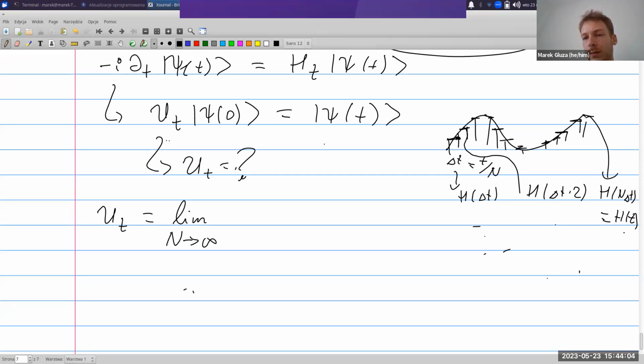And here I would have h of n times delta t, which is equal to h of t, right? Because delta t is just the total duration. I switched the notation here, so it should actually be with the subindex. So it should be h sub delta t and h of 2 delta t, and then h of t is equal to h of n delta t, right?